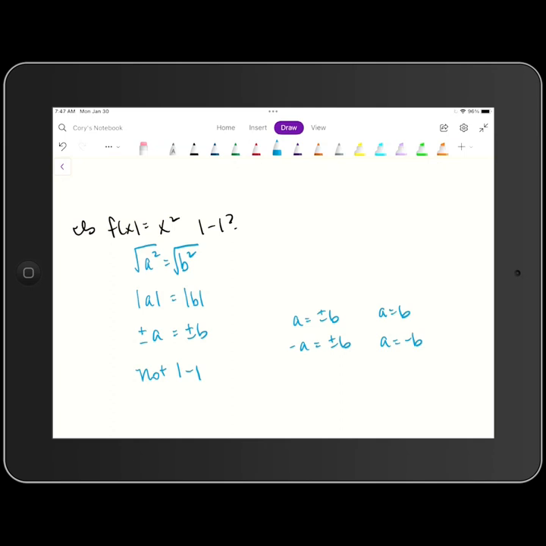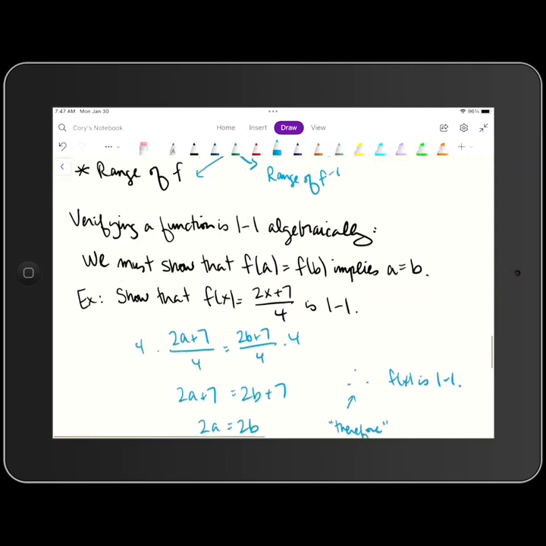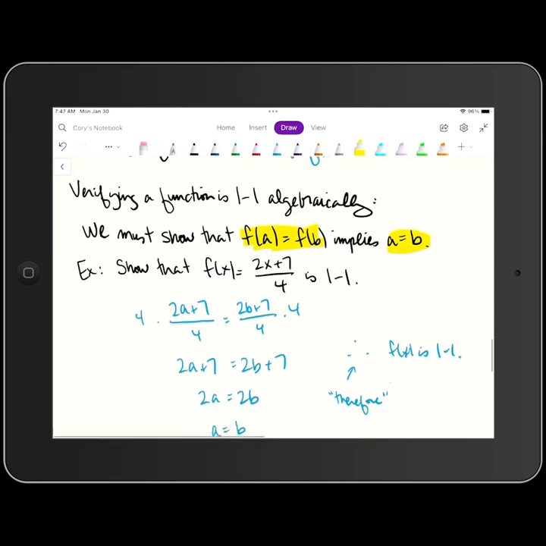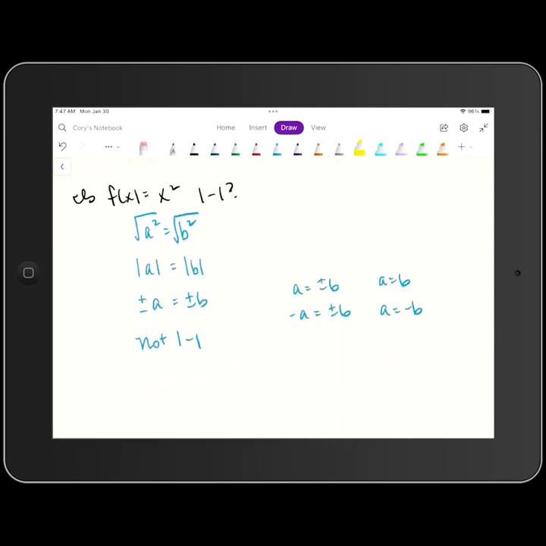So that does not give us the conclusion that we were hoping for, where when we set f of a equal to f of b, in order to be one-to-one, it has to give us that a is equal to b. That's not the case for this example. So this one here is not one-to-one.